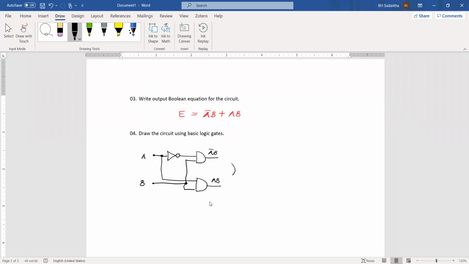And we can combine these two terms using OR. And this is it.